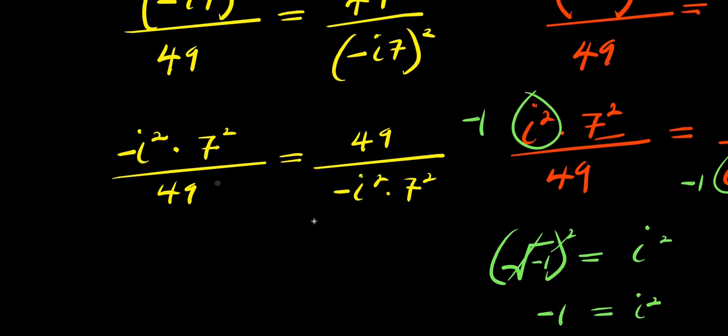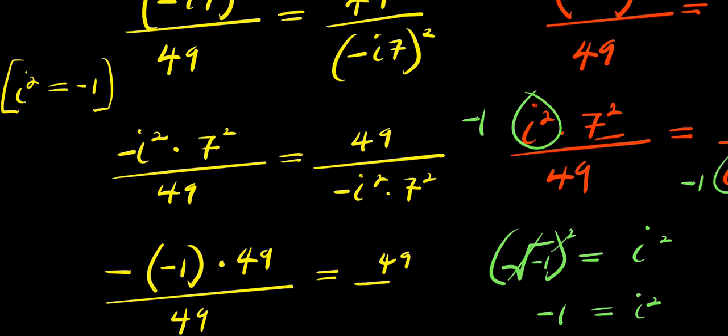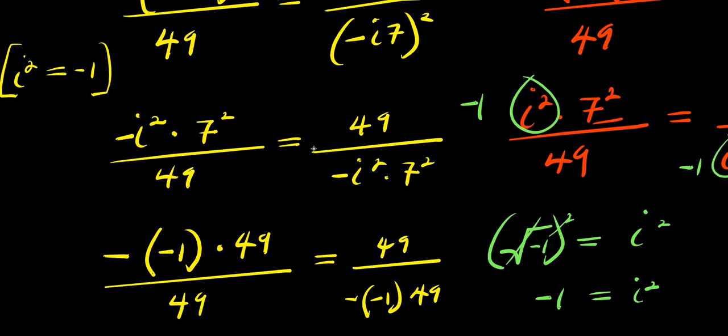So remember, we said that negative 1 is i squared. So negative i squared is like writing negative times negative 1, because i squared equals negative 1. Have you seen that? So this is negative times negative 1 times 7 squared, which is 49, divided by 49 equals 49 divided by negative times negative 1 times 49.